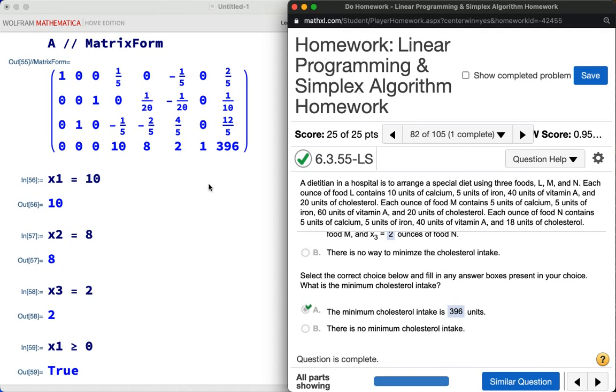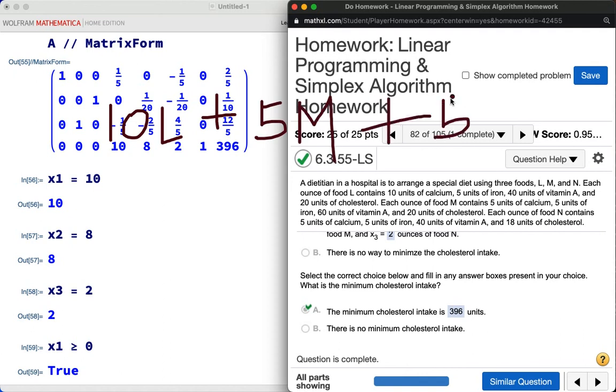So you have a matrix of coefficient values. My matrix was what? It was 10L plus 5M plus 5N, right? And then 5L plus 5M plus 5N.